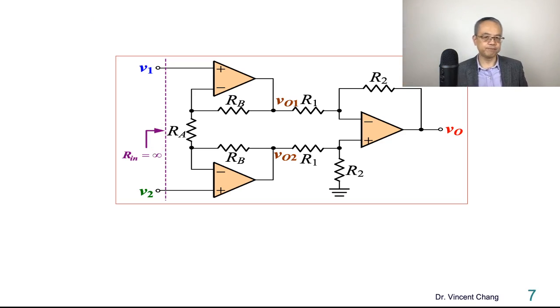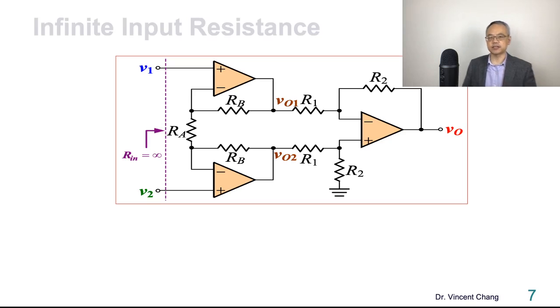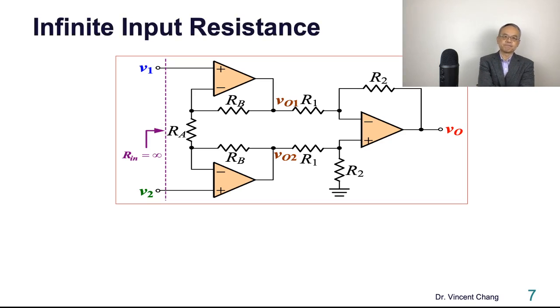So it's the infinite input resistance. So the problem of trade-off, the problem of sacrifice, has been solved. But what about the gain relationship, the relationship between the single-ended output and the differential input?